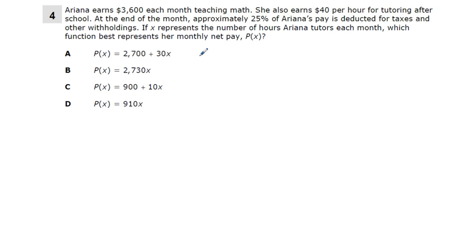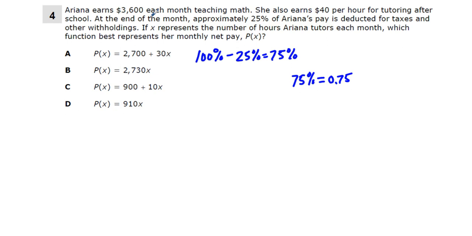So if you take 100% for pay and you subtract out 25%, how much do you have left? You have 75%. So 75% in decimal form is equal to 0.75.